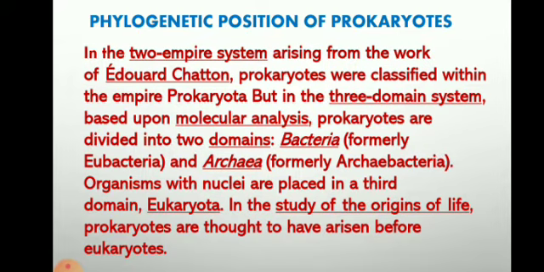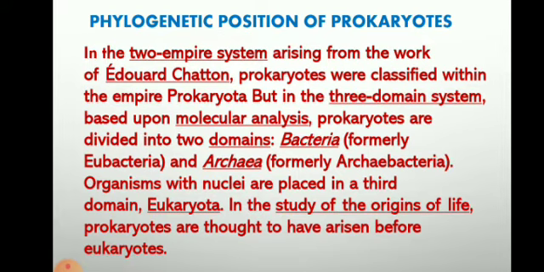So, phylogenetic position of prokaryotes. In the two-empire system, arising from the work of Chatton, prokaryotes were classified within the empire of Prokaryota, but the three-domain system is based upon molecular analysis. As we have talked before, molecular analysis, or molecular clocks, are used for constructing the phylogenies of these organisms.